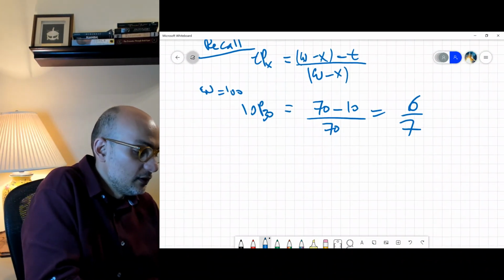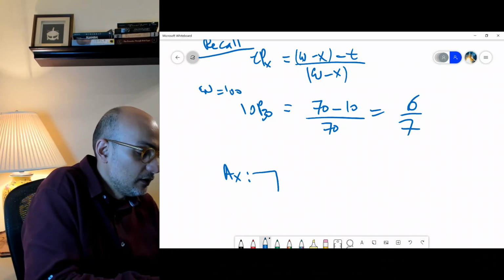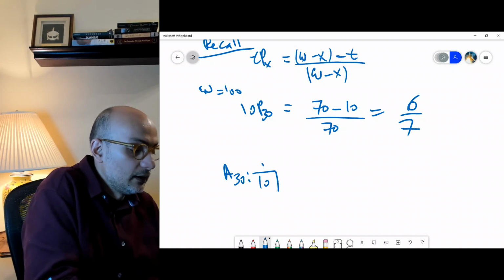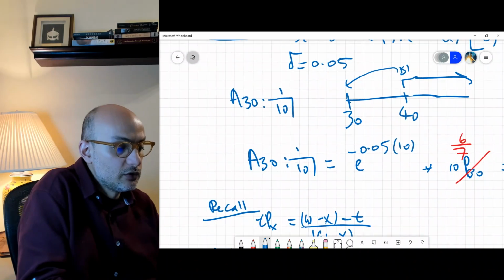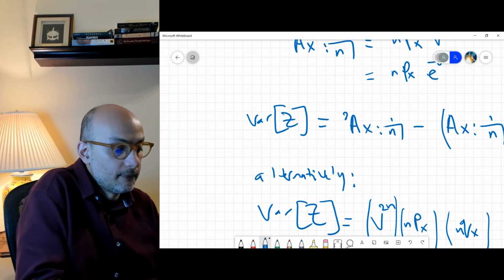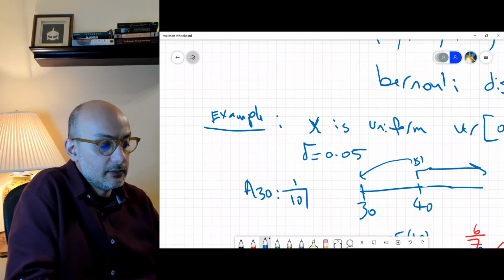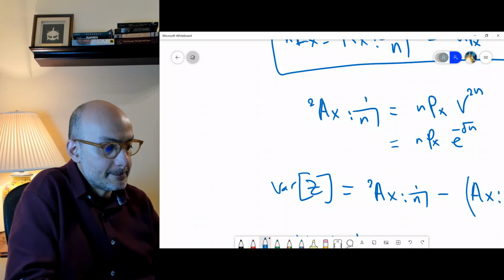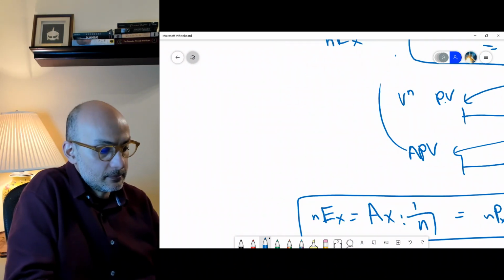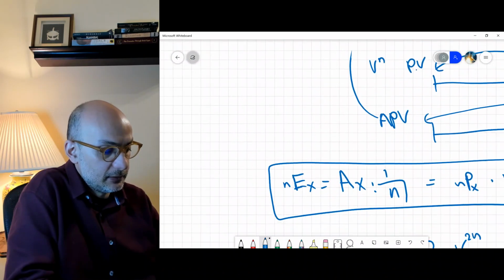What if you wanted to compute the second moment of A30:10, 1? The same, we go to the formula. This is the formula, nPx multiplied by e to the minus. I realized there is a little error here.